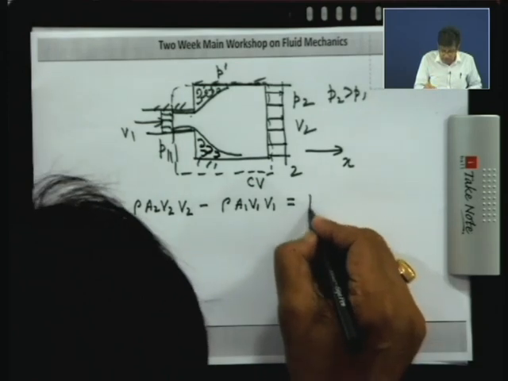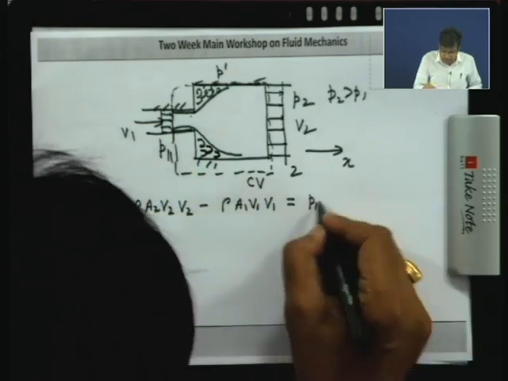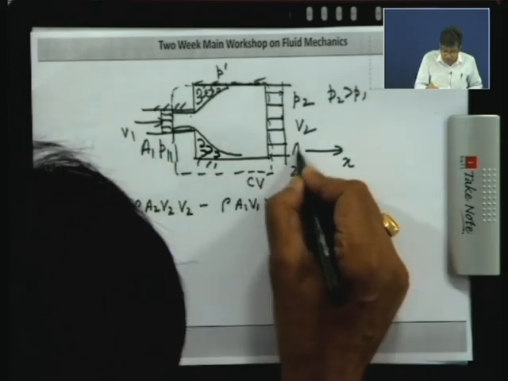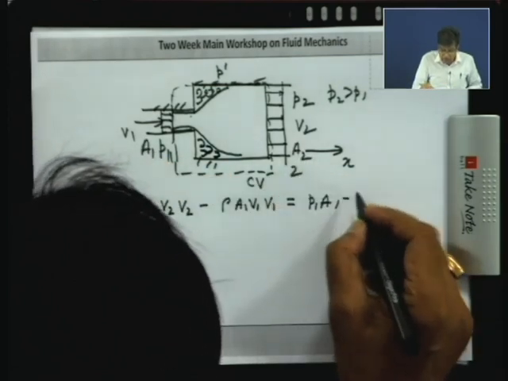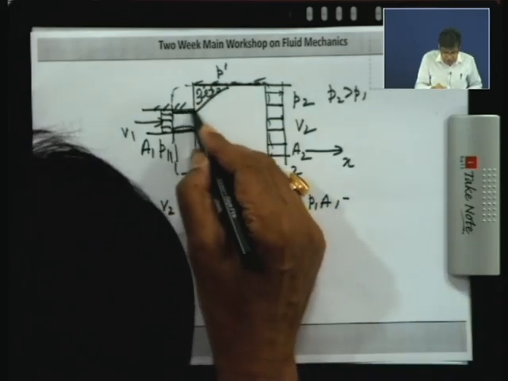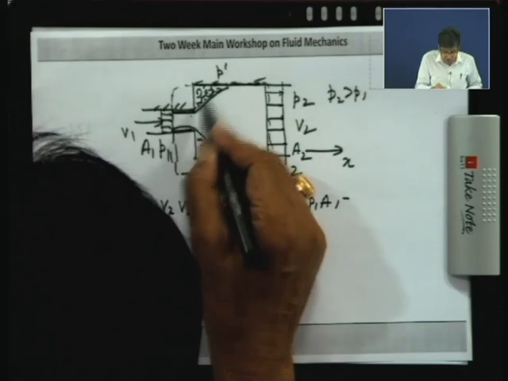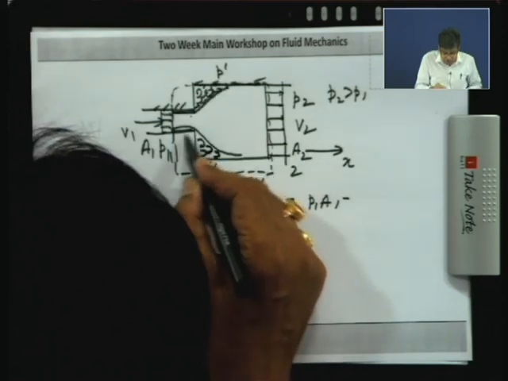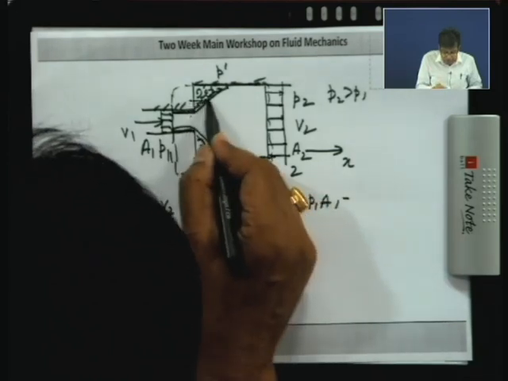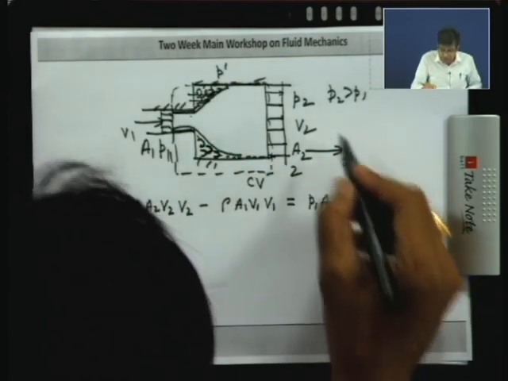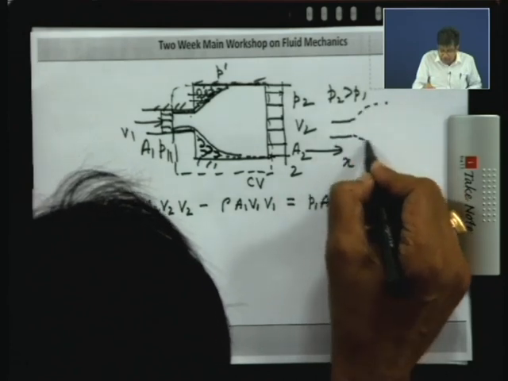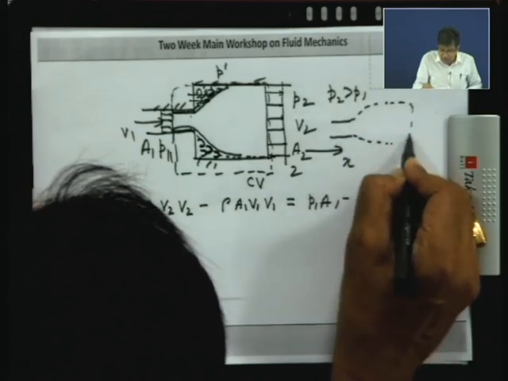What is that force? P1 into the inlet area A1. Let us take this as the control volume, otherwise you will not understand.